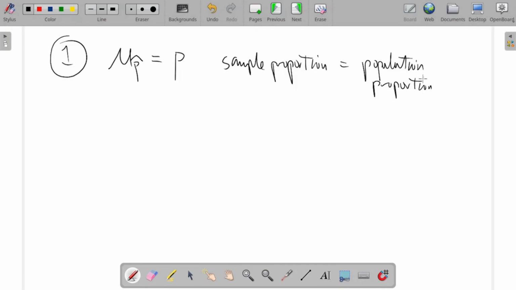So if I said to you, my sample proportion is 37%, what do you expect the population proportion to be? Well, 37%, just as simple as that.